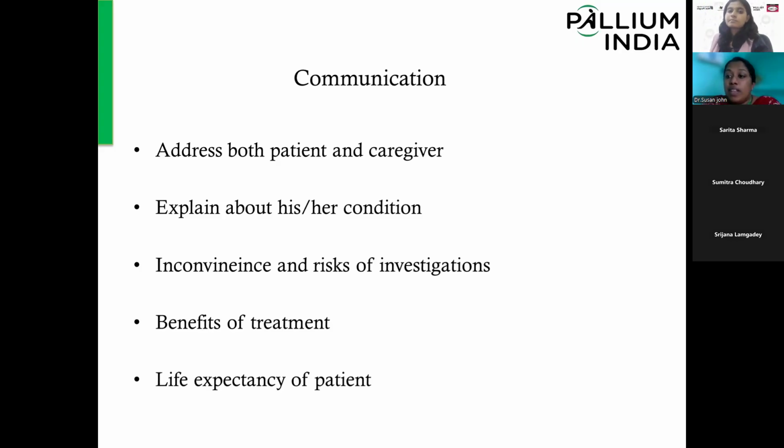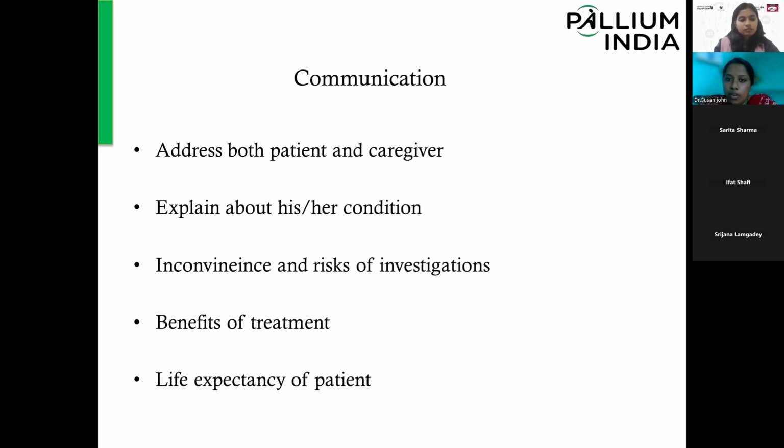What are the benefits of treatment? What is the life expectancy of the patient? These are the things you have to communicate earlier to the patient if possible, or to the caregiver. If it is done earlier, it is very, very easy to manage these patients when they come to you at the end of life or with terminal breathlessness.